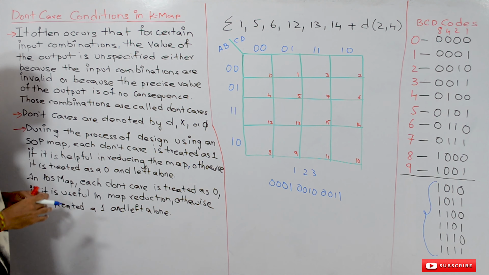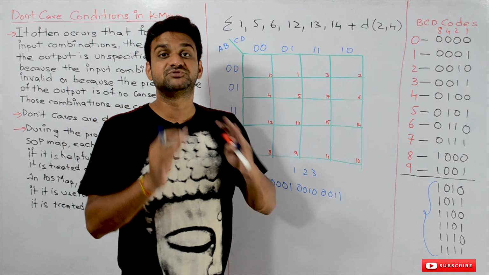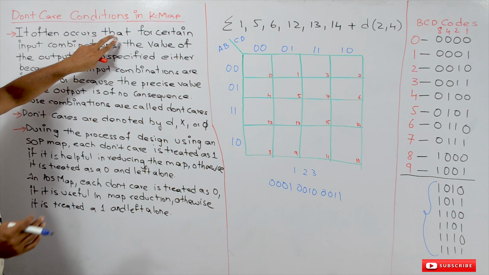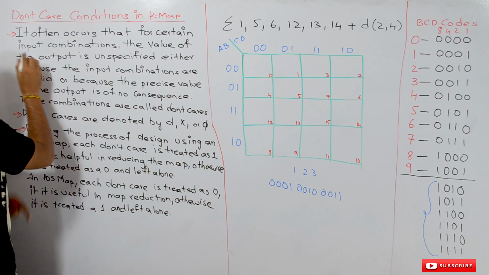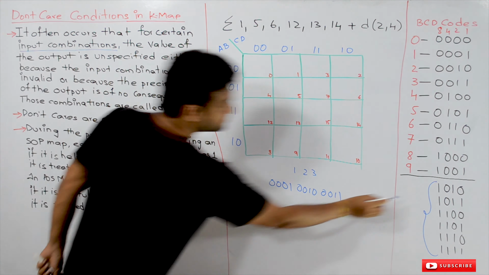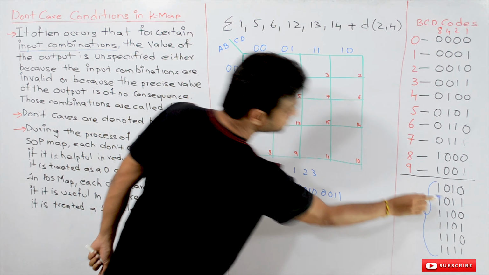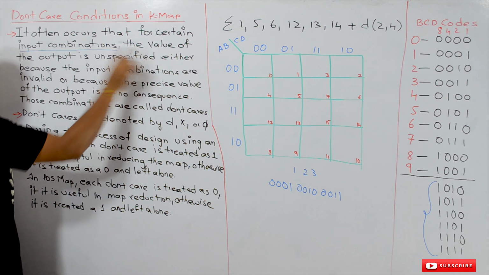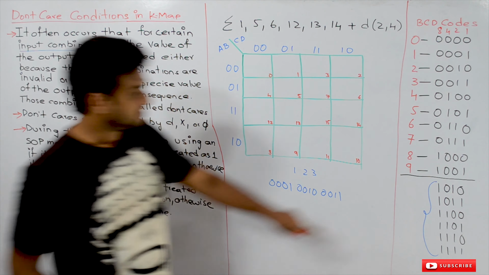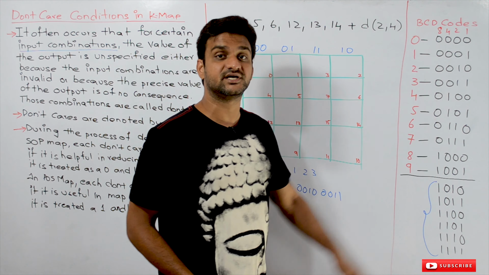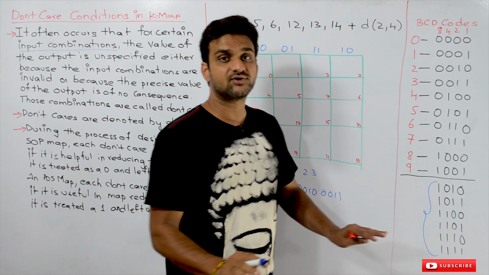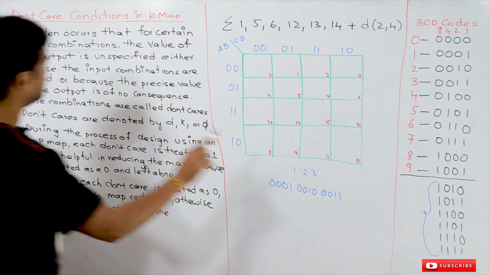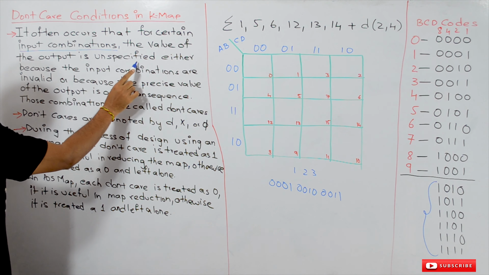So what it states is, there are some situations which will often occur, and in those situations, for certain input combinations, the value of the output is unspecified. Do we have any output for this certain set of combinations? There are no outputs for this set of combinations.